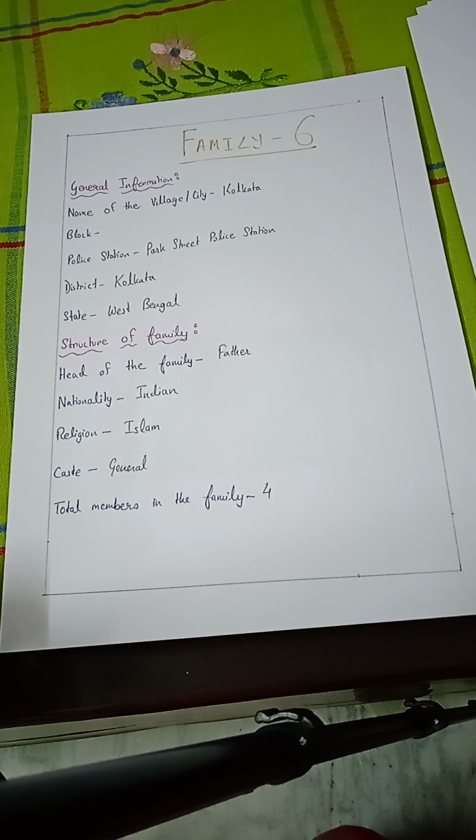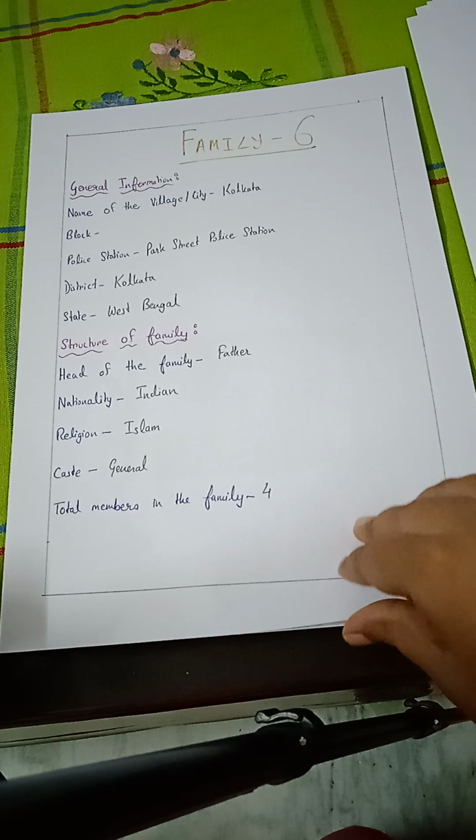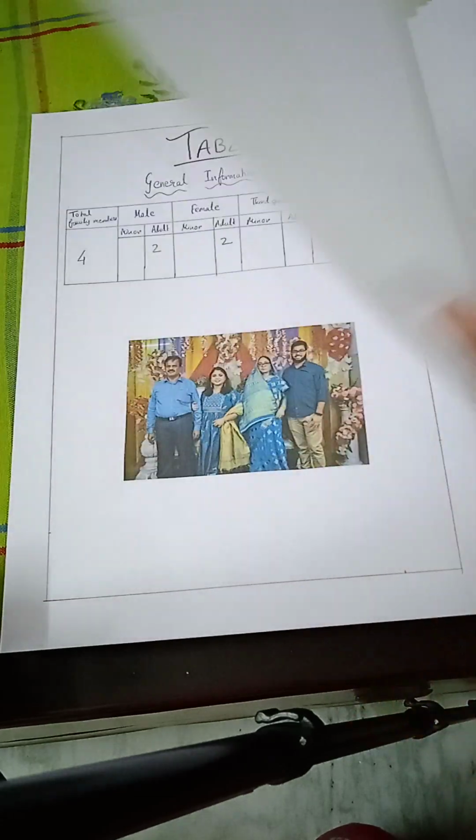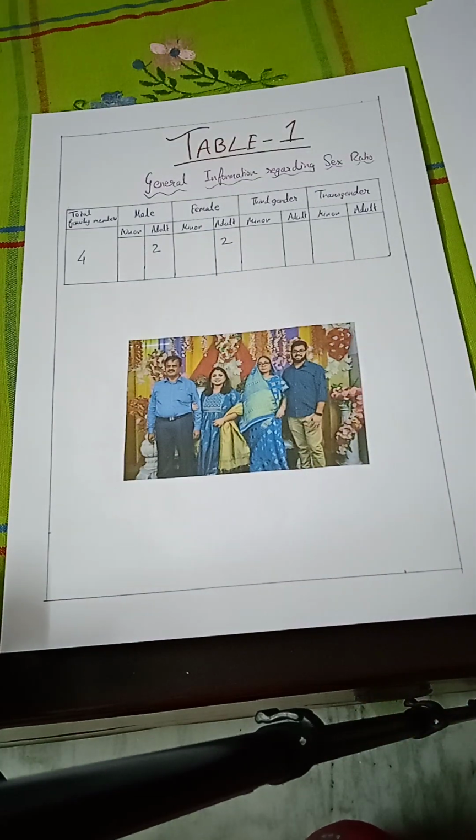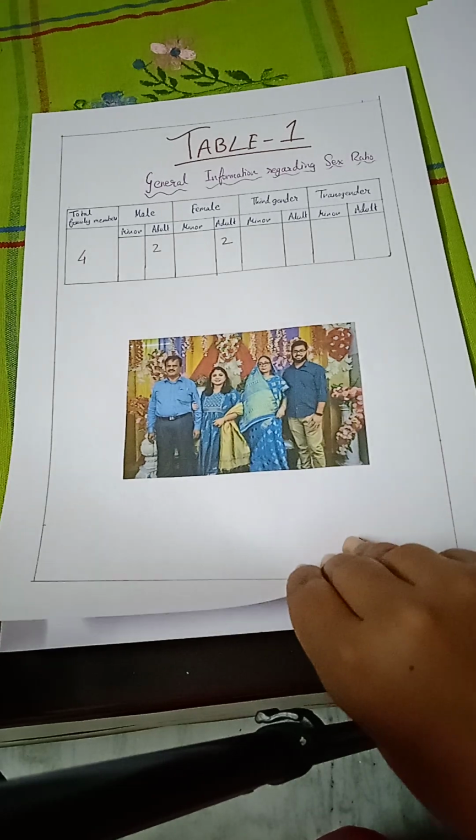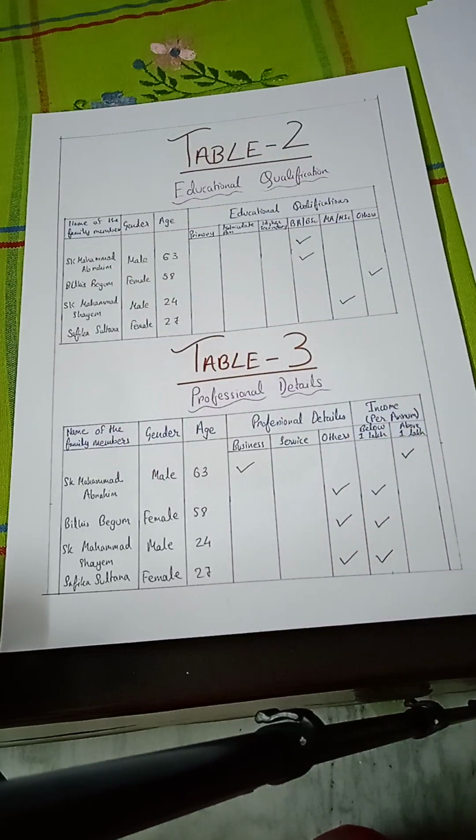Family 6, again the same thing, general information and structure of the family. Table 1, the same way, general information regarding sex ratio. Table 2 in the same way, educational qualification.